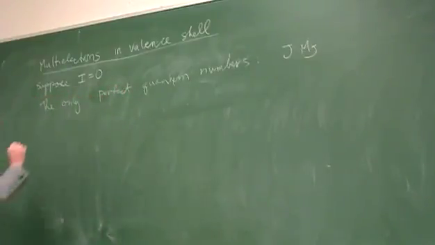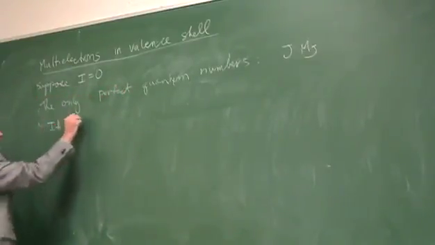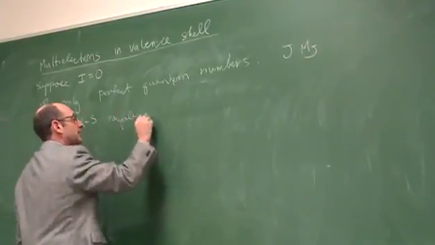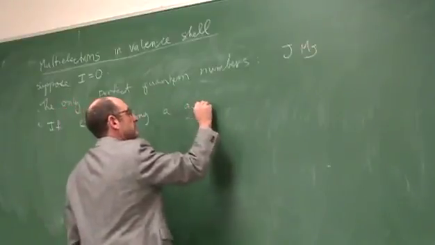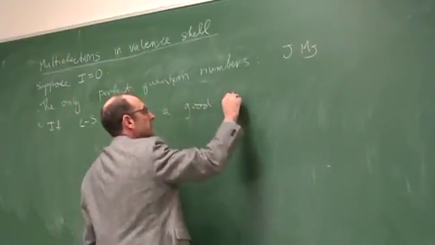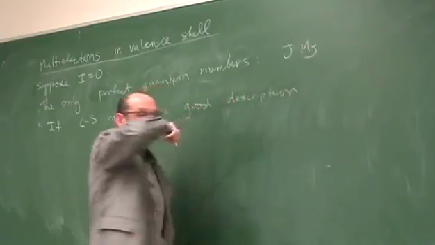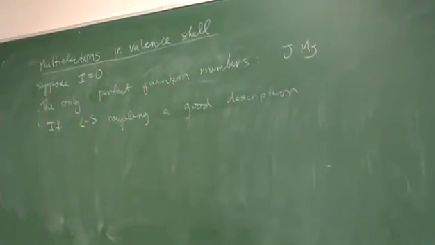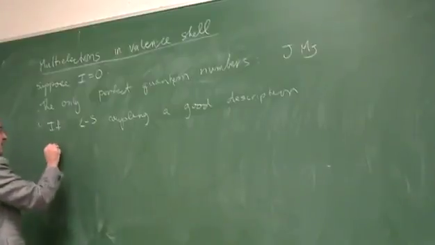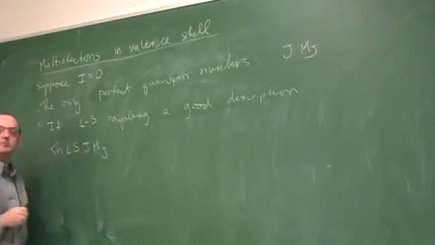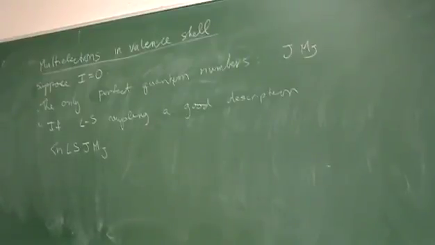On the other hand, if LS coupling is a good description, well then we would have quantum numbers L and S, J and MJ. Okay?